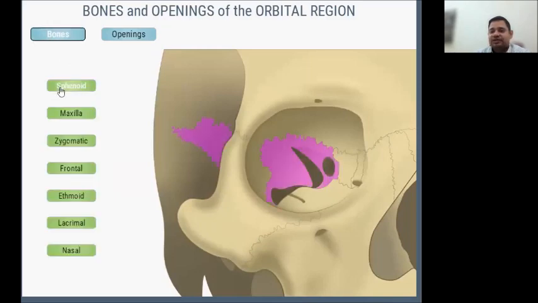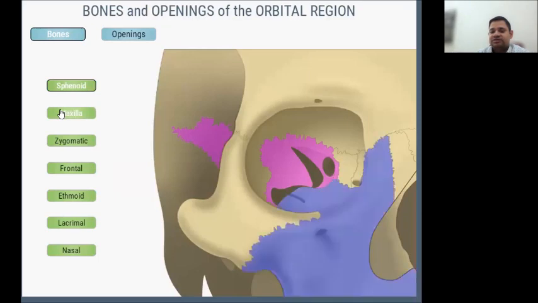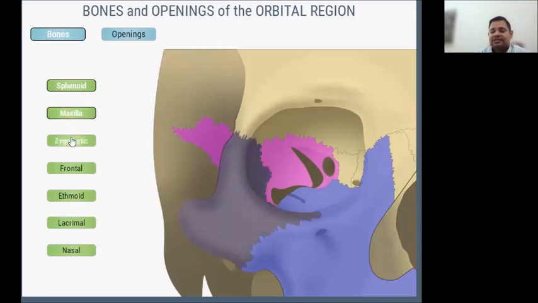First one is the sphenoid bone, then maxilla, which is surrounding our nasal part also, plus the lower margin of the orbit, then zygomatic, which forms the lateral boundary, then frontal, which you can see from the above side, ethmoid, a small part which is present inside the orbit only, the lacrimal part, more towards the medial side, and the nasal part towards the nose.